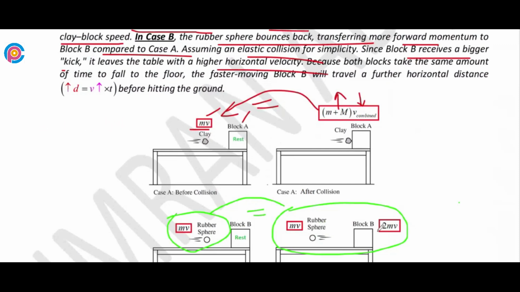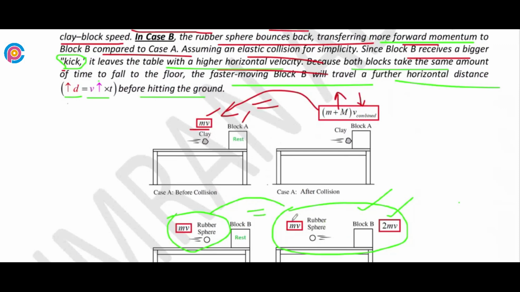To bring the total to mv, block B should get more of a kick. So there is a larger kick from the rubber sphere, meaning block B gets more forward momentum. With the higher horizontal velocity and the same height of flight, the faster-moving block will travel a further horizontal distance before hitting the ground.